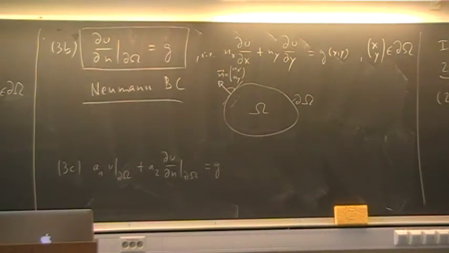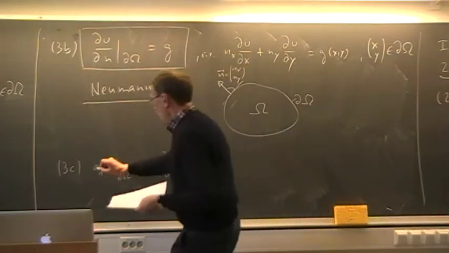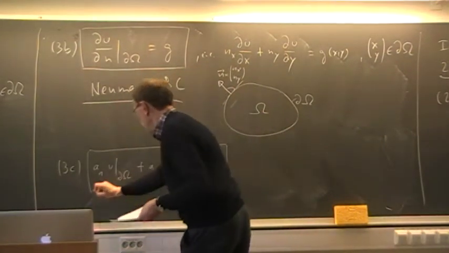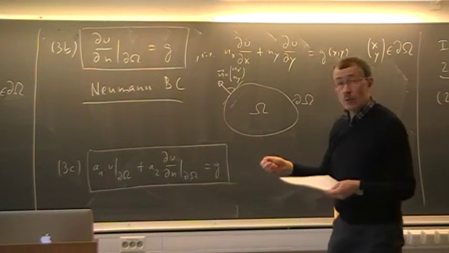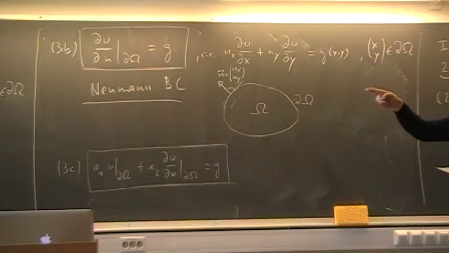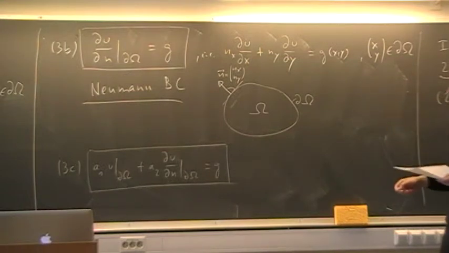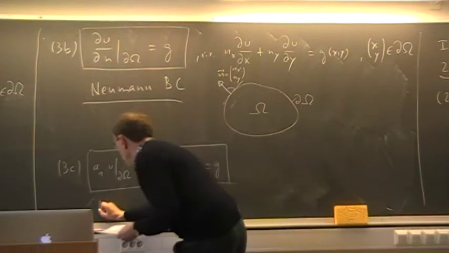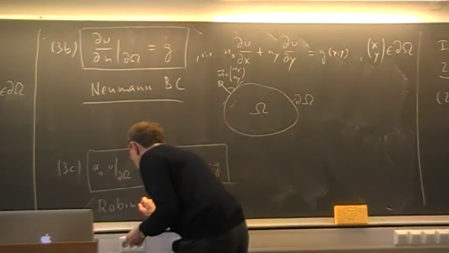If we write it in this form, we usually assume that A1 and A2 are not zero, because if one of them is zero, we have either Dirichlet or Neumann boundary conditions. So this is called a Robin boundary condition.